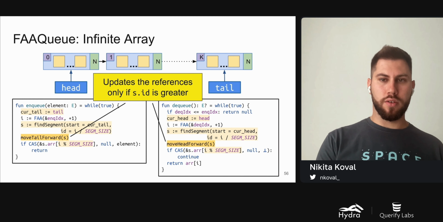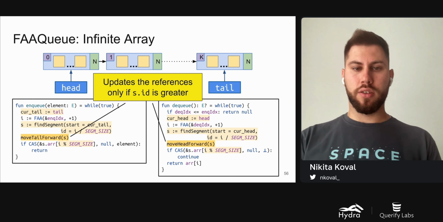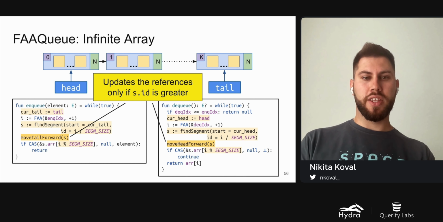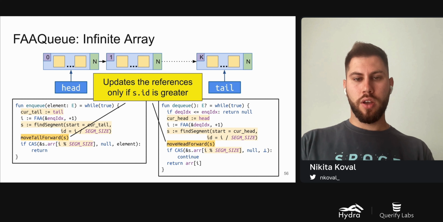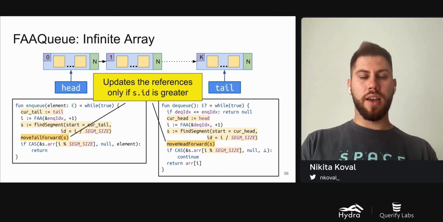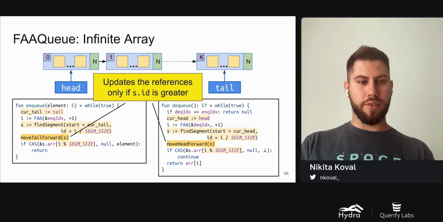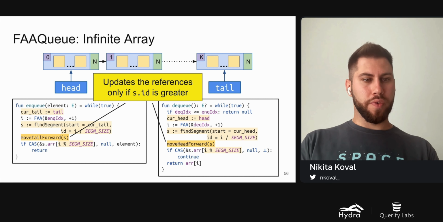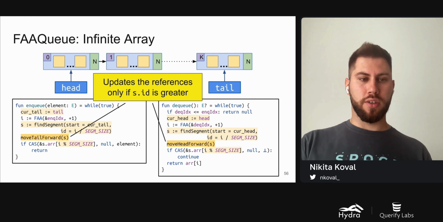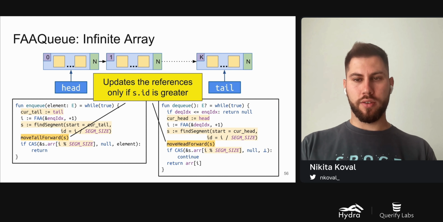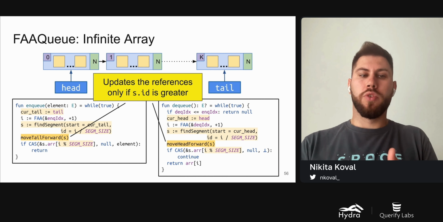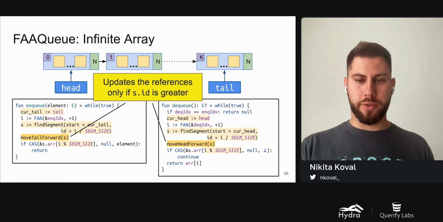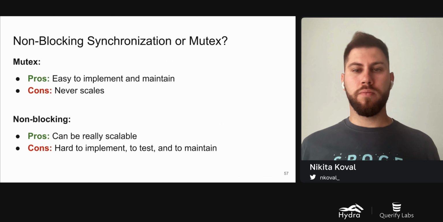And as I already told, move tail forward and move head forward update the references only if the ID of the updating segment is greater than the current one. Otherwise, we don't need to move tail or head forward. That's how it works.